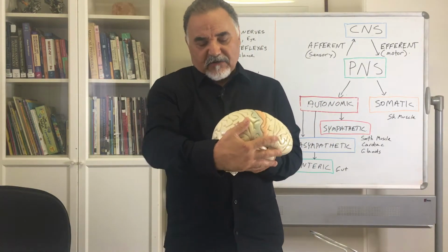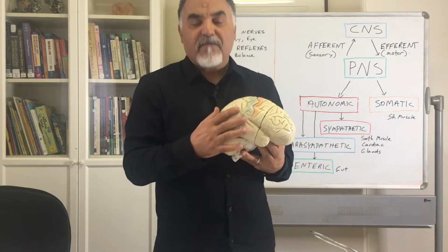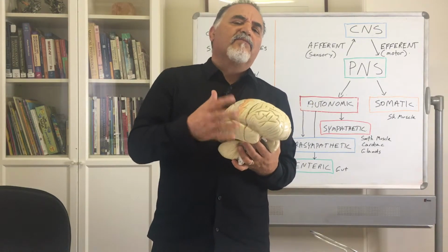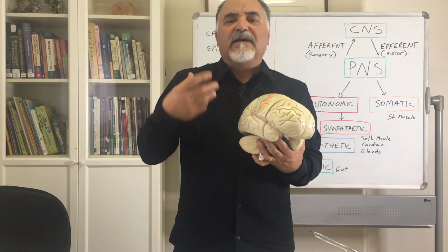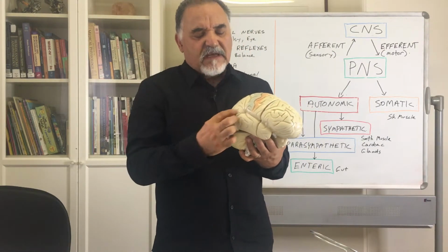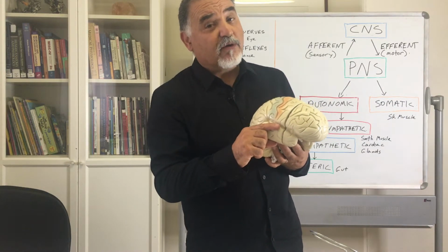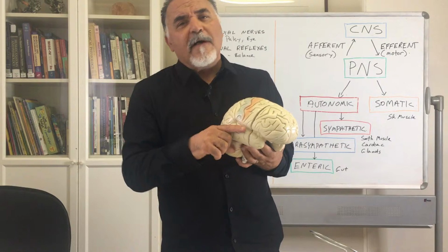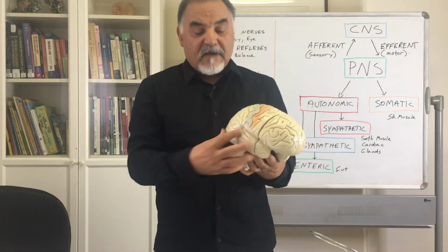Lying to the side, on the lateral regions of the brain, is the temporal cortex. The temporal cortex contains, together with the parietal, a number of very important centers for speech and for listening, so audio centers. But much more important for us, it contains, particularly this little region that we see here, what we call the hippocampus, which is important for memory, in particular the formation of long-term memory.